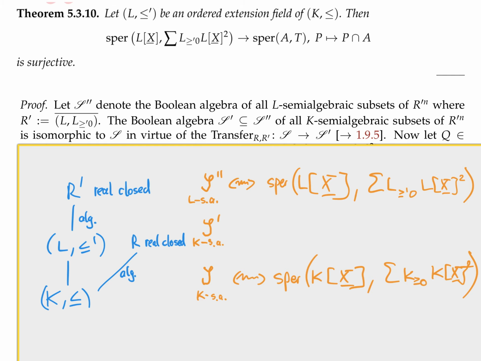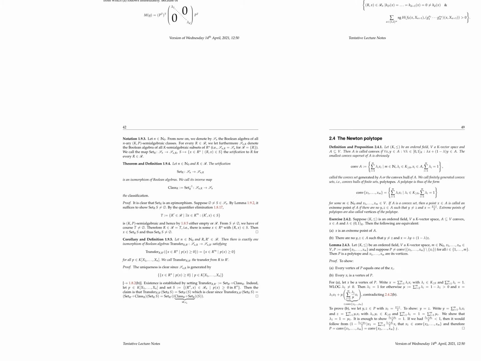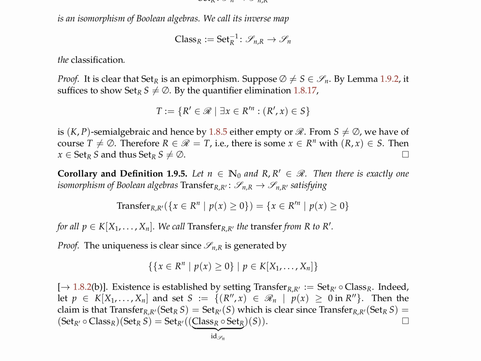Now I have this transfer between semialgebraic, K-semialgebraic sets, subsets of R to the n and R prime to the n. That was 195. Maybe let's look at this again. Yes, it was here, right?